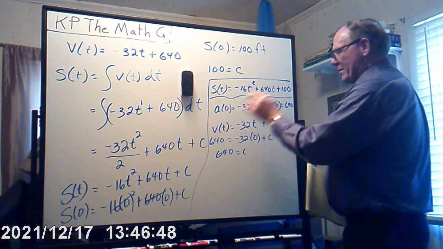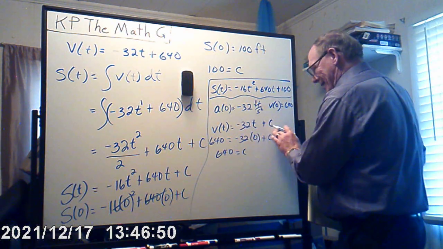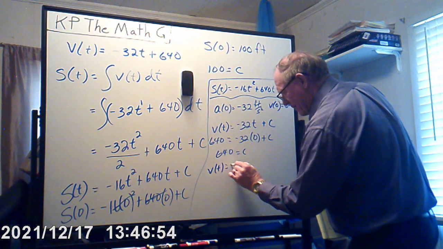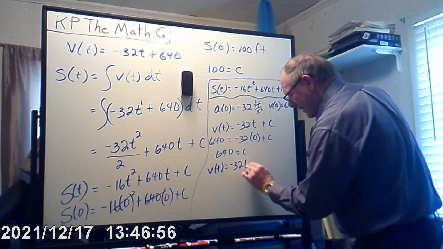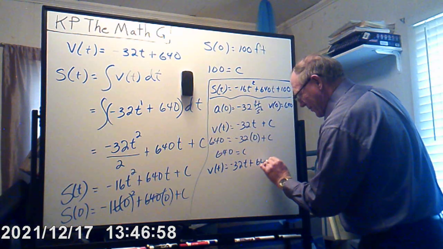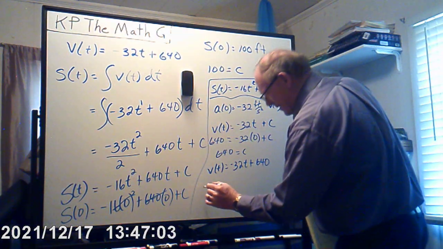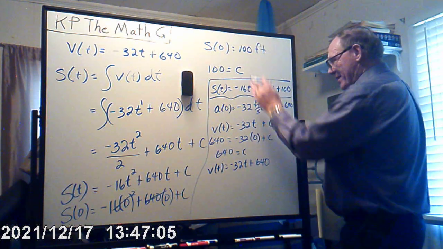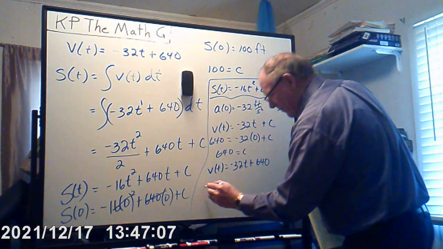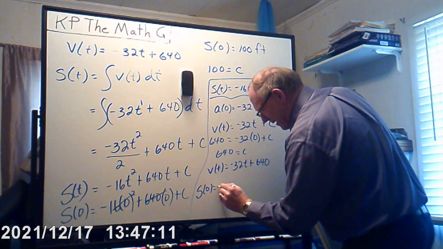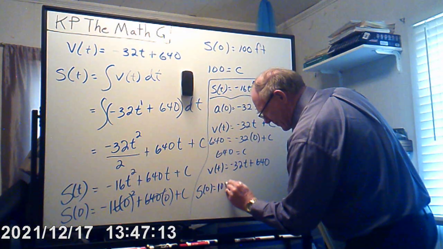And so we had an equation that extended a little further out. V at t is equal to negative 32t plus 640. Then we found s at t, well actually s at 0, to be equal to 100.